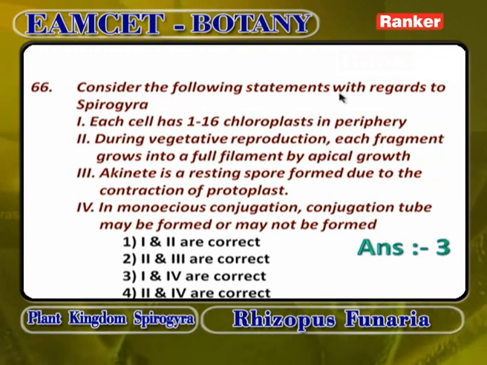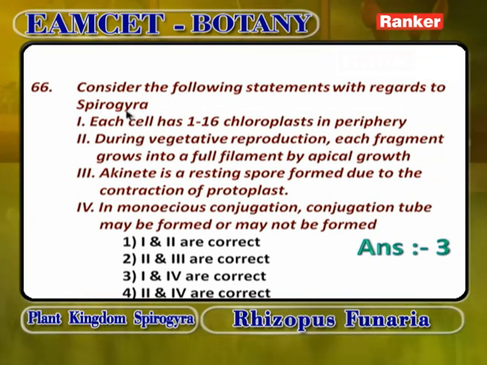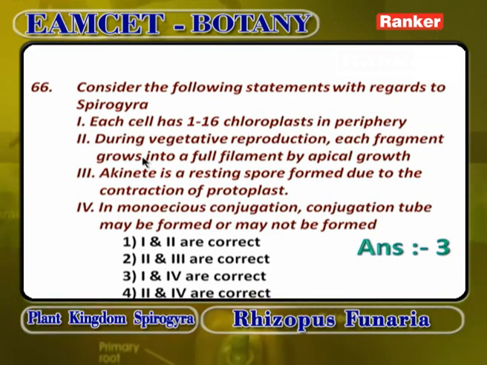Consider the following statements with regard to Spirogyra and identify which ones are correct. Each cell has 1 to 16 chloroplasts in the periphery. Correct. During vegetative reproduction, each fragment grows into a full filament by apical growth. Apical growth is wrong. Apical growth is always wrong. The growth in Spirogyra is called diffused.